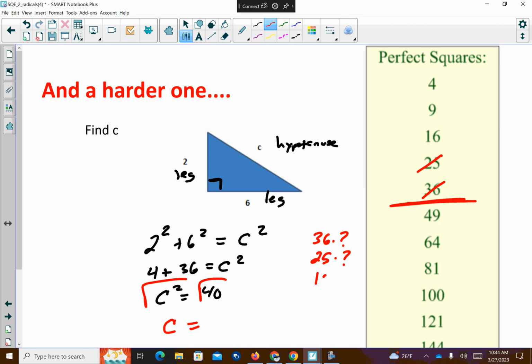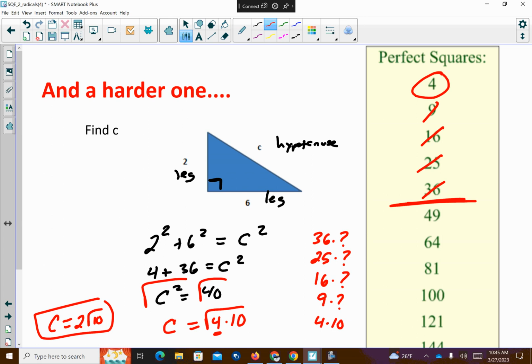Can I go 16 times the number to get 40? Nope. Can I go 9 times the number to get 40? Nope. Can I go 4 times the number to get 4 times 10? Okay, so which one's the perfect square, 4 or 10? 4. Square root of 4 is? 2. So I get the answer is C squared, or C is equal to 2 square root 10.